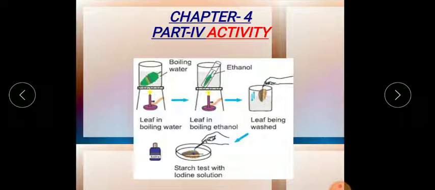Next, we wash to soften the leaf. Then we add a few drops of iodine solution, and if blue black color comes, then the leaf is giving a positive starch test. So these are the 4 steps.